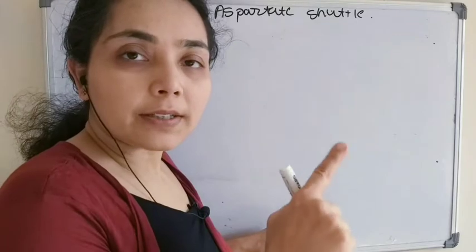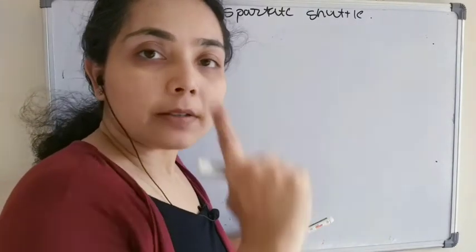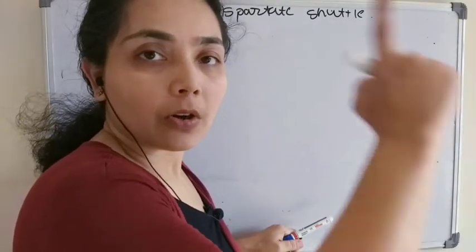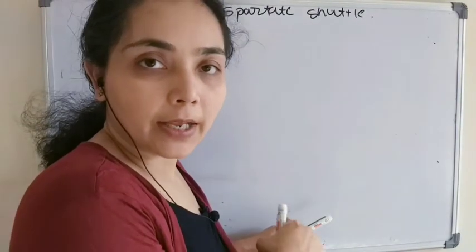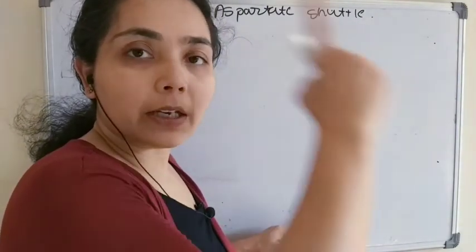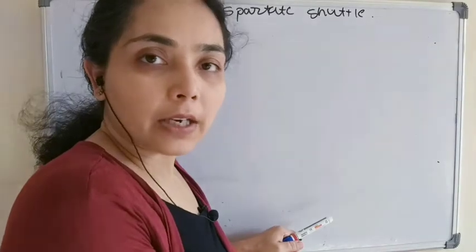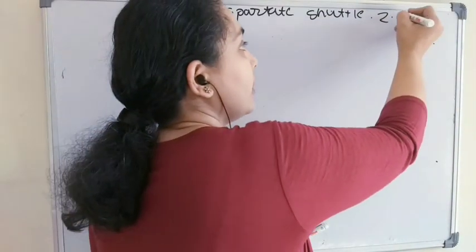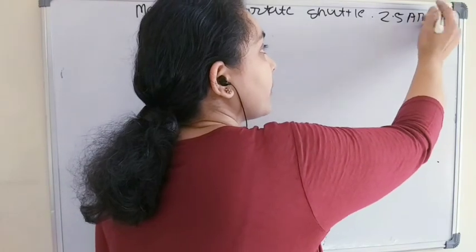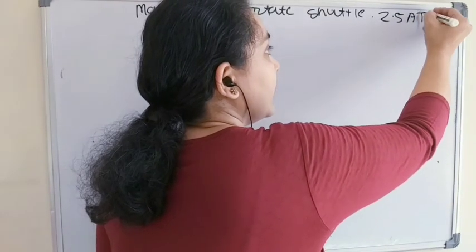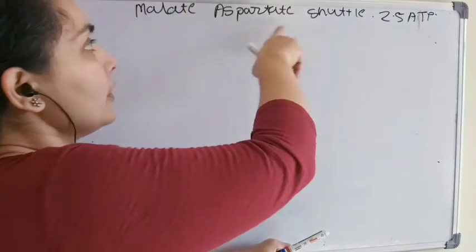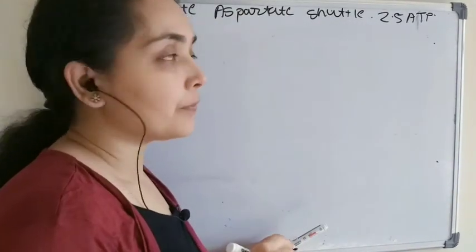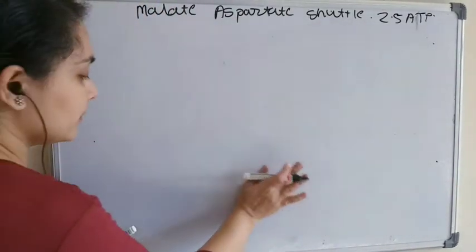We had already discussed that this shuttle system has its destination as NADH. Okay, and finally the NADH will transfer its electron to complex 1. Therefore we will get 2.5 ATP from 1 NADH with the help of the malate aspartate shuttle system. Okay, let's see how it works.